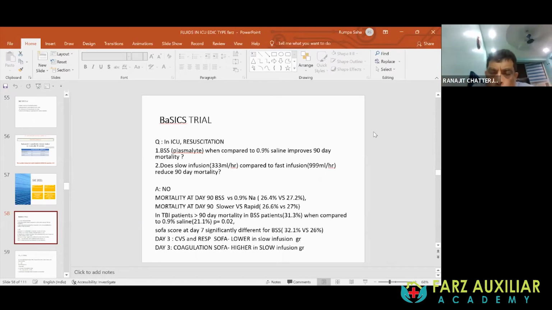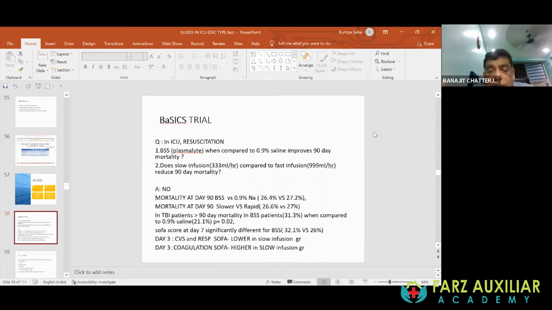Answer, no. But in traumatic brain injury patients, the 90-day mortality was much higher with balanced salt solution when compared to normal saline. So in patients with traumatic brain injury, normal saline showed lower mortality, reaching statistical significance compared to balanced salt solution.